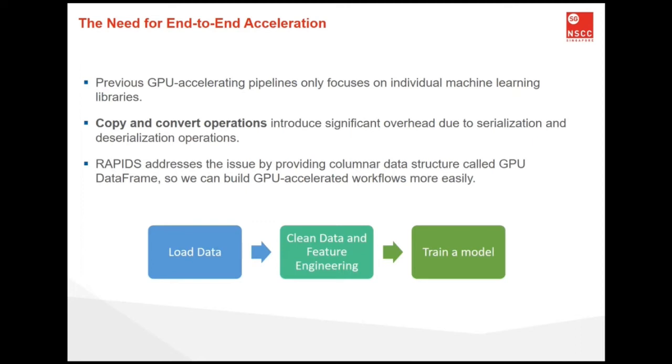This creates a problem. Let's say your data pipeline has 3 steps: loading the data, cleaning the data and performing feature engineering, and finally training a machine learning model, a classifier.